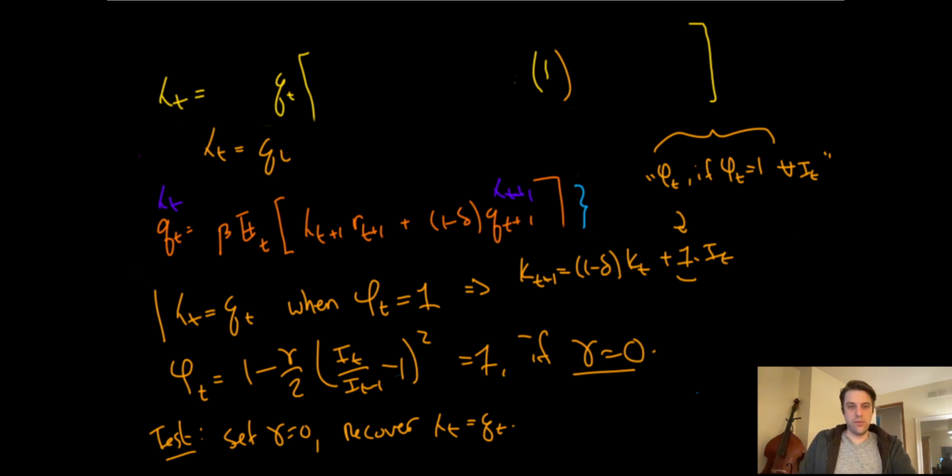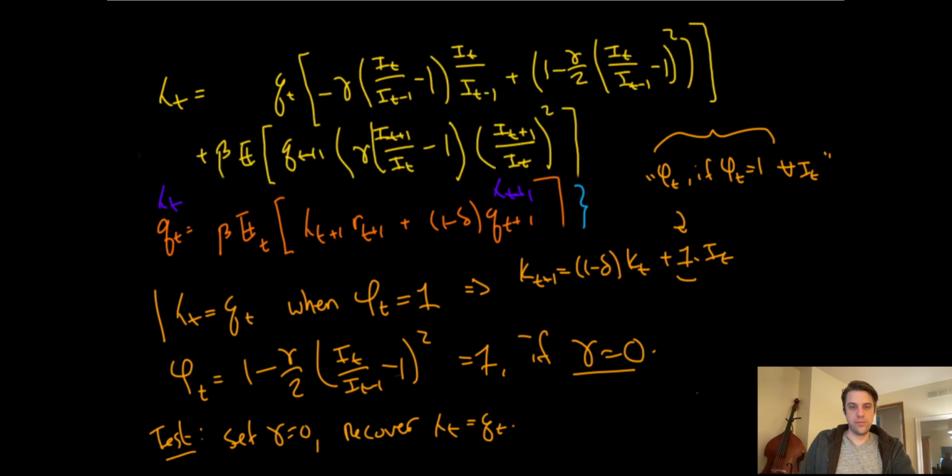Likewise, if we undo all that erasing, we should expect that in the steady state, lambda ss equals qss. Why? Because in the steady state, it equals it minus 1 forever, right? There's no change to it in the steady state because that's the definition of the steady state. So we should be able to play the same game.